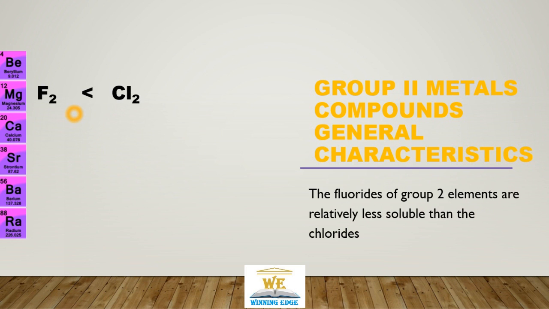Here you see. Similarly here, magnesium chloride, its crystal lattice will be weaker than magnesium fluoride. On heating, the crystals break up easily, and the hydration energy that helps solubilize will be better for chloride compared to fluoride.